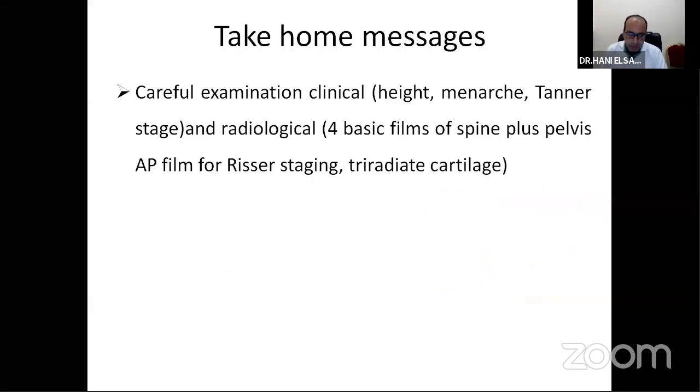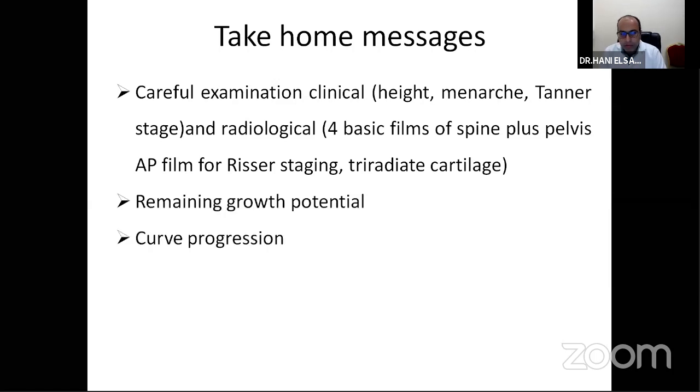Finally, careful examination of cases of AIS is needed, clinically, including height, menarche, and Tanner staging, and radiologically, including 4 basic films of the spine, plus a pelvis AP film for Risser staging and triradiate cartilage.